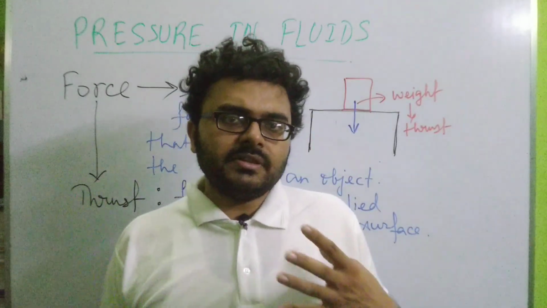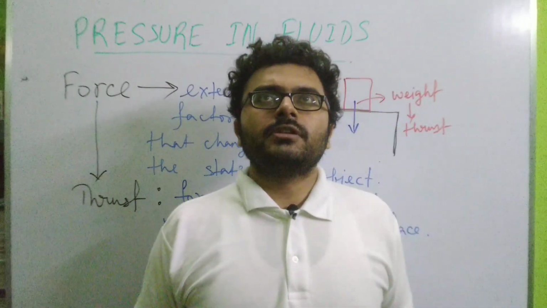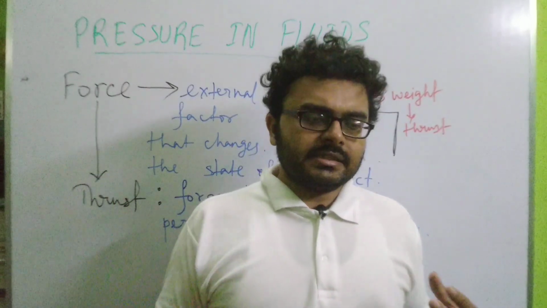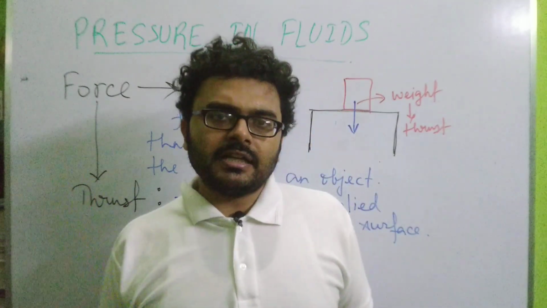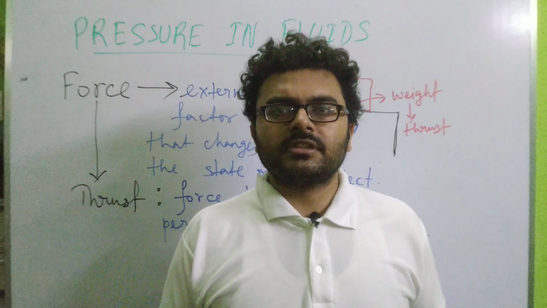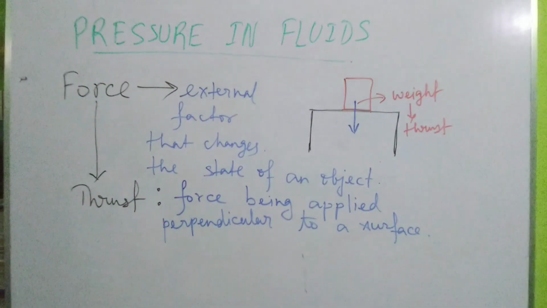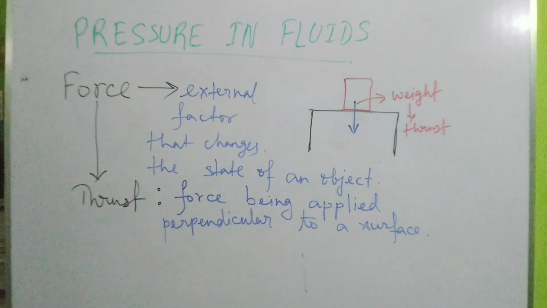You need to specify the direction in which you want to apply the force. So force is a vector quantity. Likewise, thrust is also a vector quantity. So these are the things that you need to remember while understanding the concept of thrust.